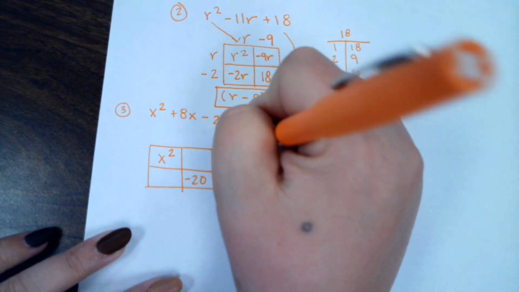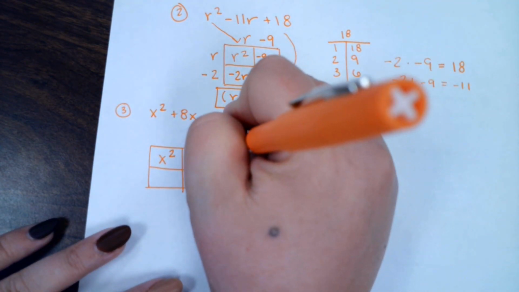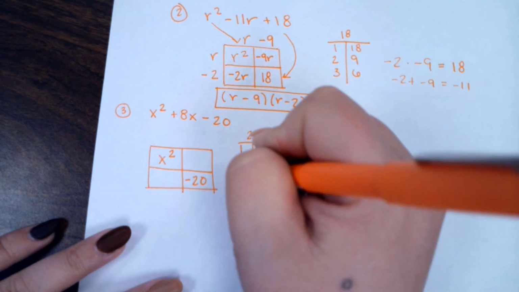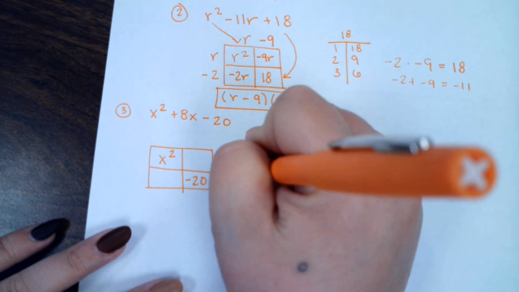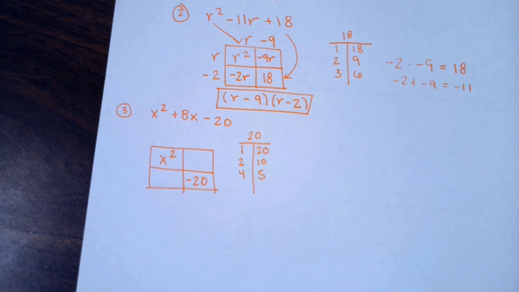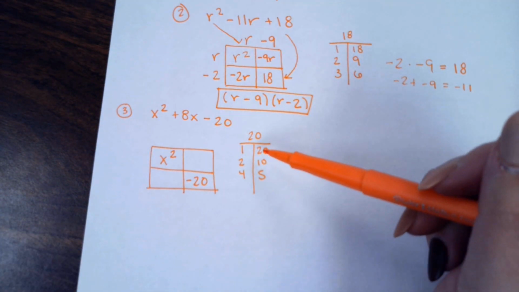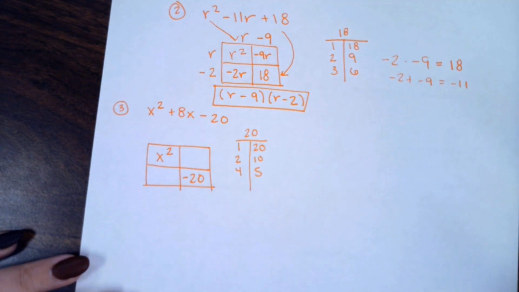So let's list factors of 20. We've got 1, 20, 2, 10, 4, and 5. I think that's it. So we need one positive number, one negative number to get 20, and add to negative 8. Well, 1 and 20, I don't think there's anything we can do there to get 8.